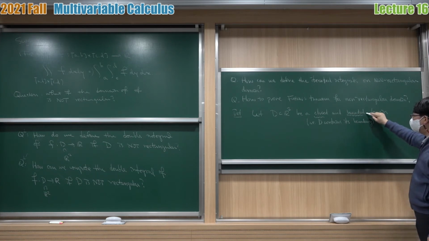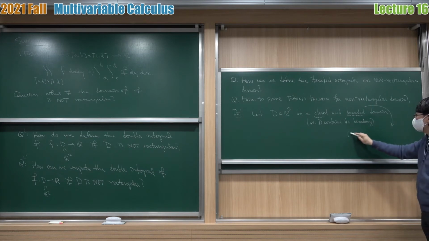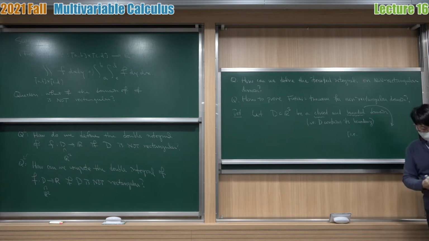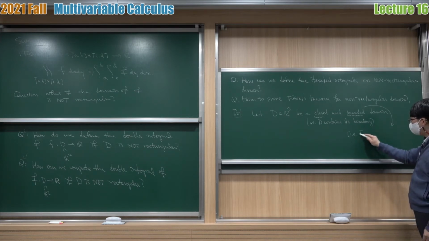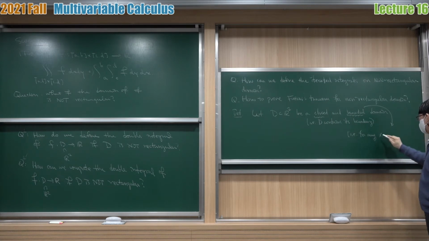So bounded means that every element in D does not go to infinity. If you pick one point, for example the origin, and you take any point on the domain D, then the distance from the origin to the point inside of D does not grow infinite. Mathematically, for any x inside of D, this x is a two-dimensional point, so it's a vector.